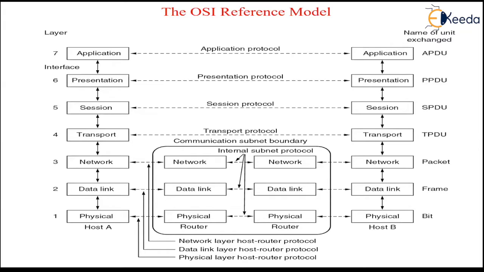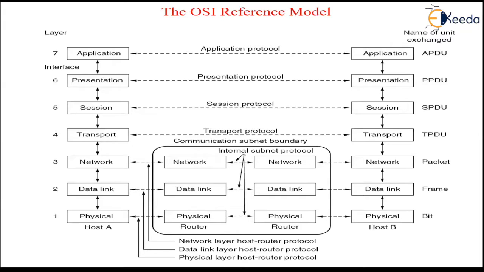Devices can be connected by using a mesh topology, that is, every device is connected to every other device, or a star topology, in which the devices are connected through a central device, or a ring topology, in which each device is connected to the next forming a ring, or a bus topology, in which every device is on a common link, or a hybrid topology, which is a combination of two or more topologies.